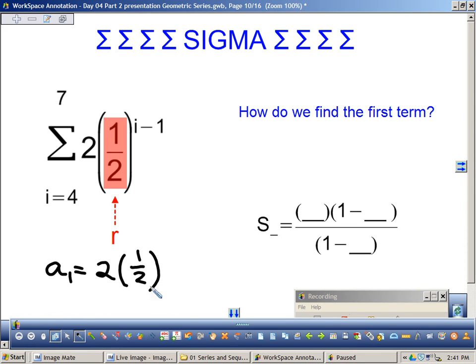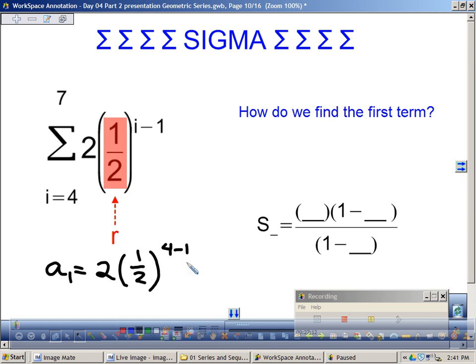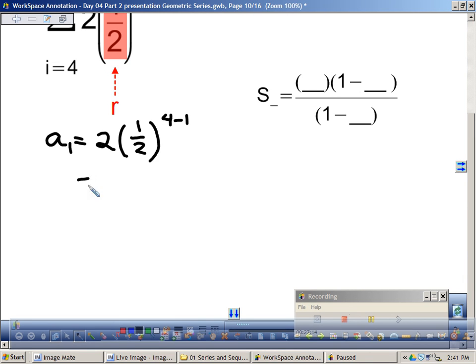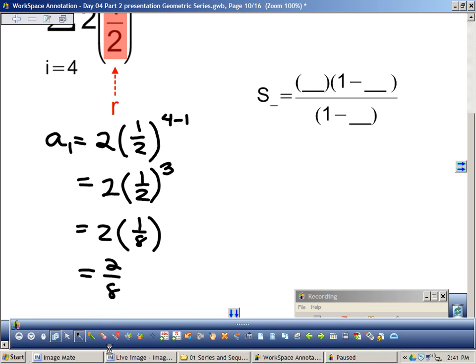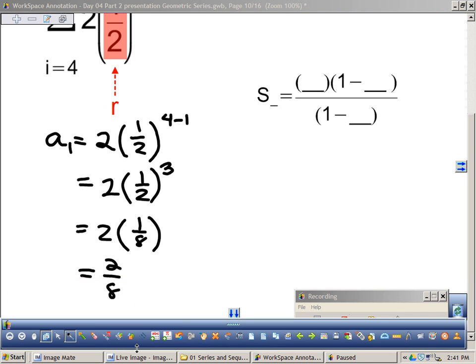I'm going to substitute 4 in for i, which equals 4 minus 1 is 3. 1/2 to the 3rd is 1/8. 2 times 1/8 equals 1/4. So that's where 1/4 goes.